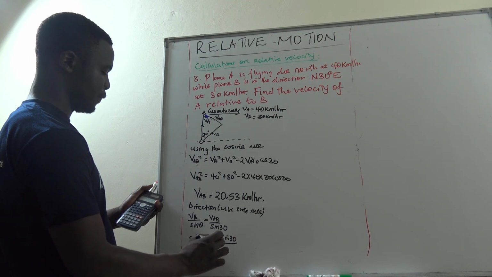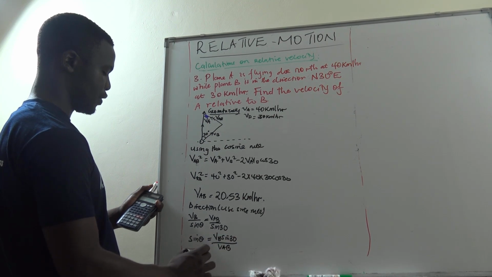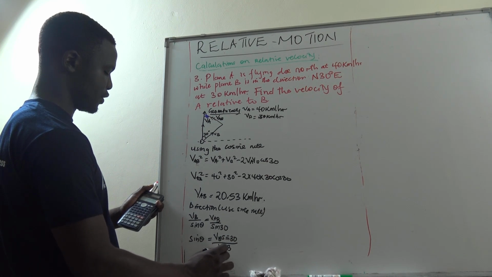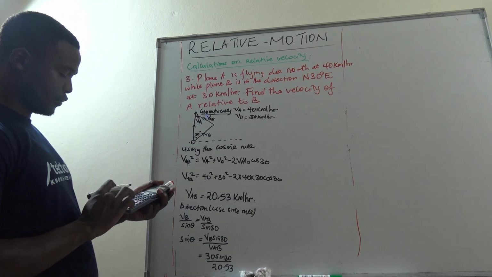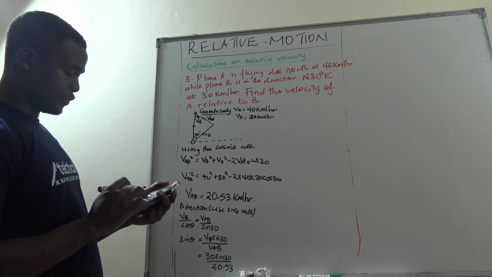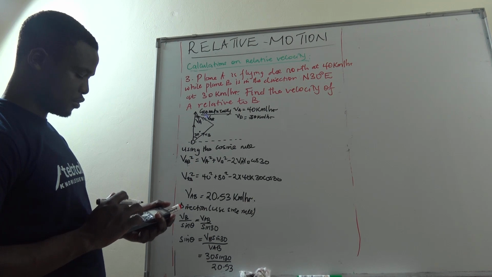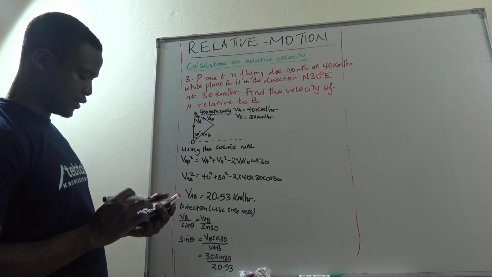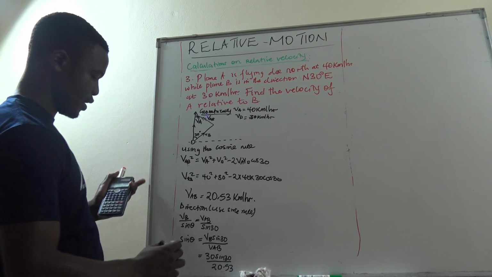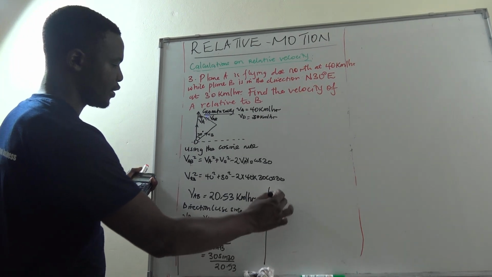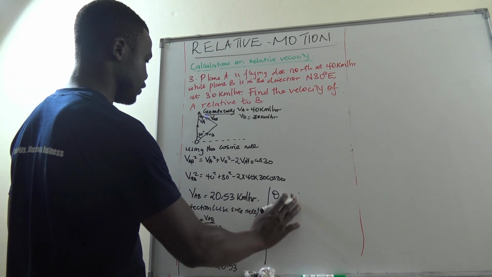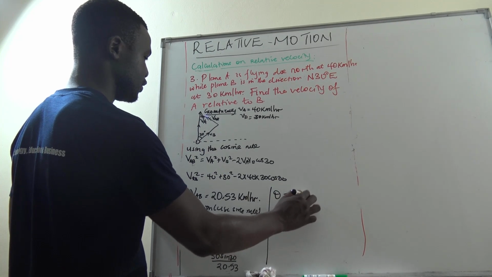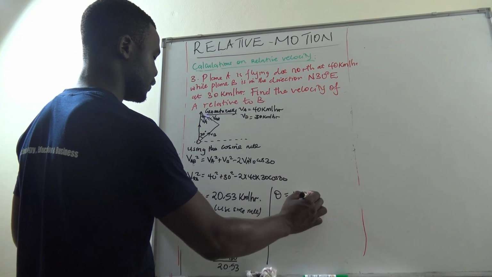So we substitute. VB was 30, so 30 sine 30, which is 15, divided by 20.53. We get the sine inverse of the answer, and we realize that theta is equal to 46.8 degrees.